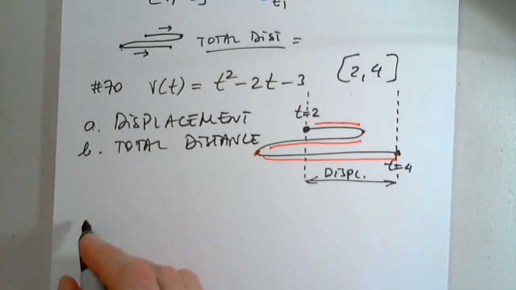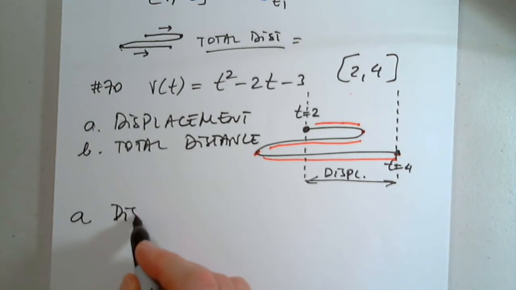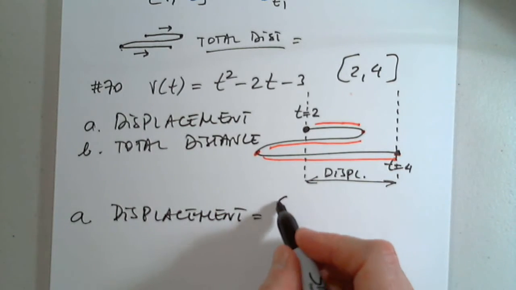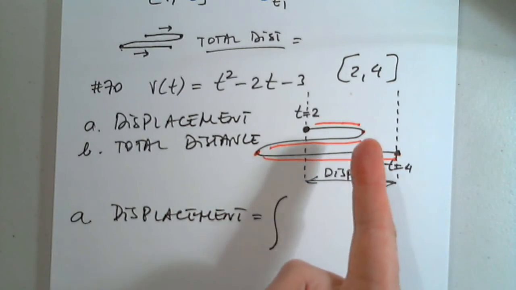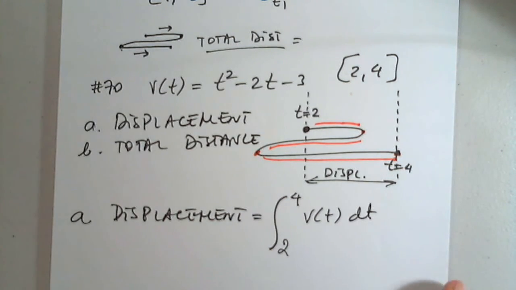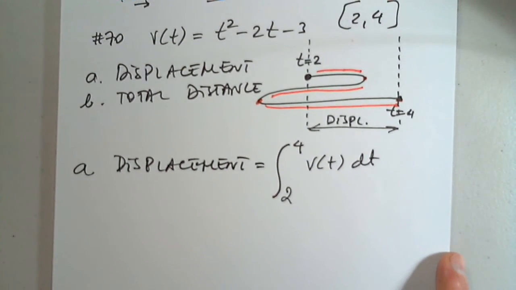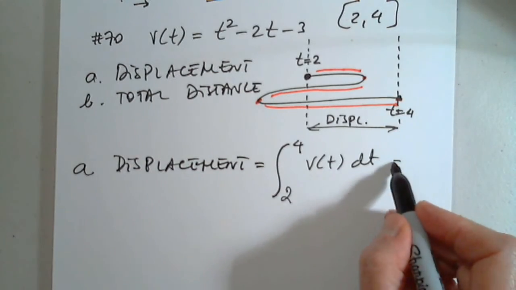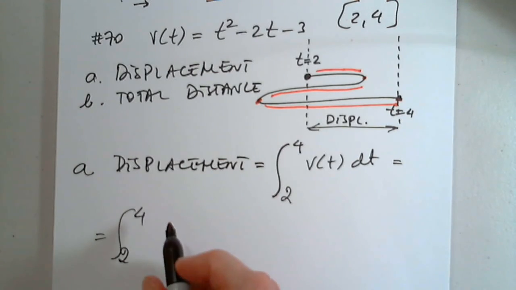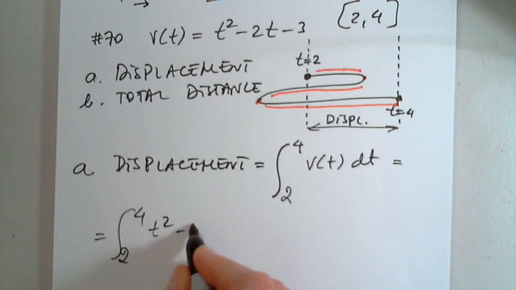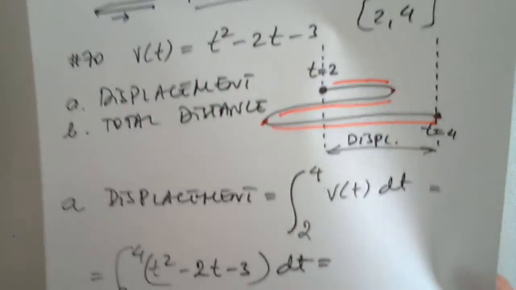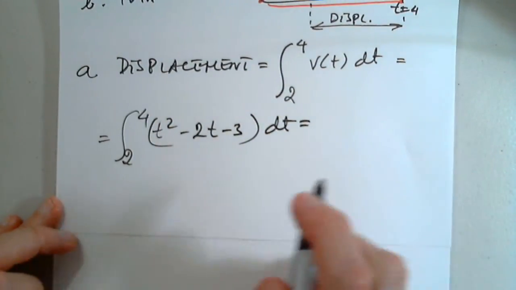So let's start with the displacement. Displacement is the integral from t1, which is 2, to 4, of v of t dt. No absolute value. So that will be the integral from 2 to 4 of t squared minus 2t minus 3 dt. For us, it's just a piece of cake right now.